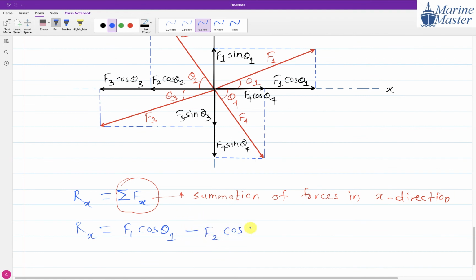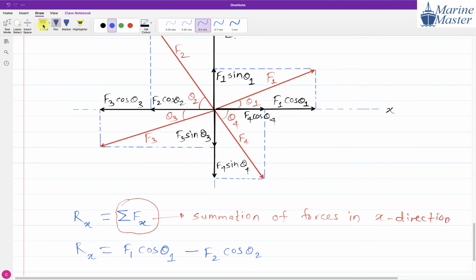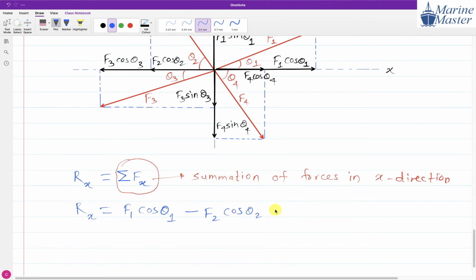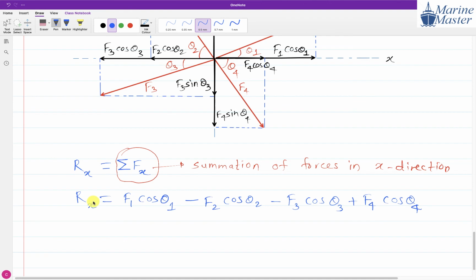Why minus? It is in negative X direction. Yes. Minus F2 cos theta 2 and minus F3 cos theta 3, and then plus F4 cos theta 4. So by doing summation of forces in x direction, we get the component of R in x direction, that is Rx.